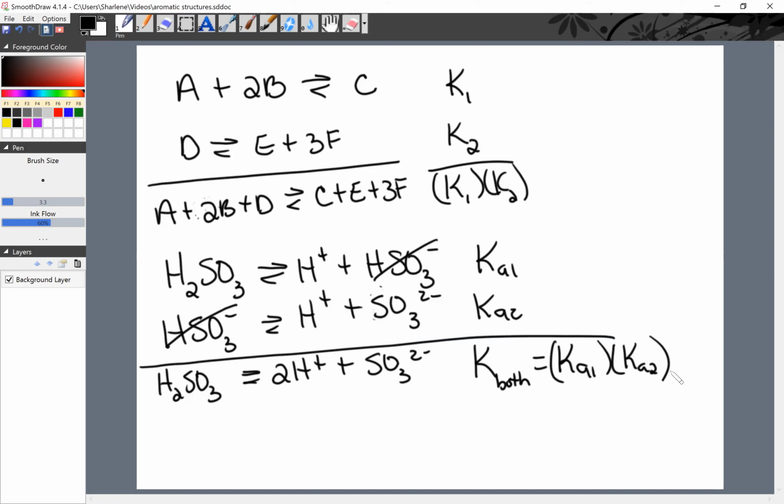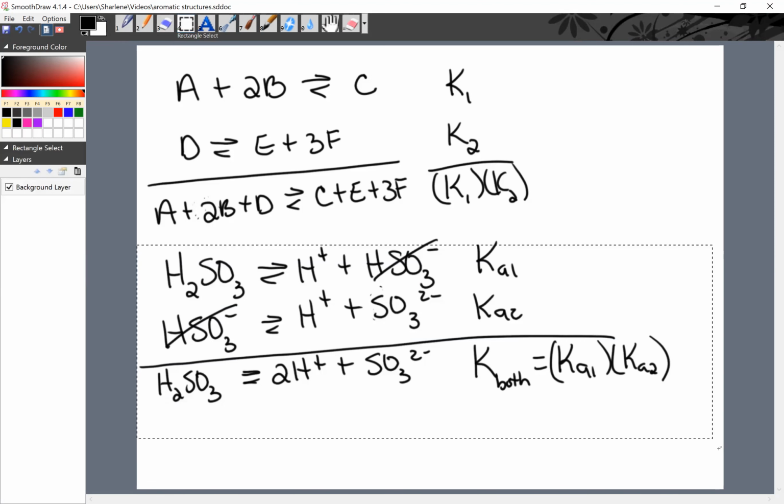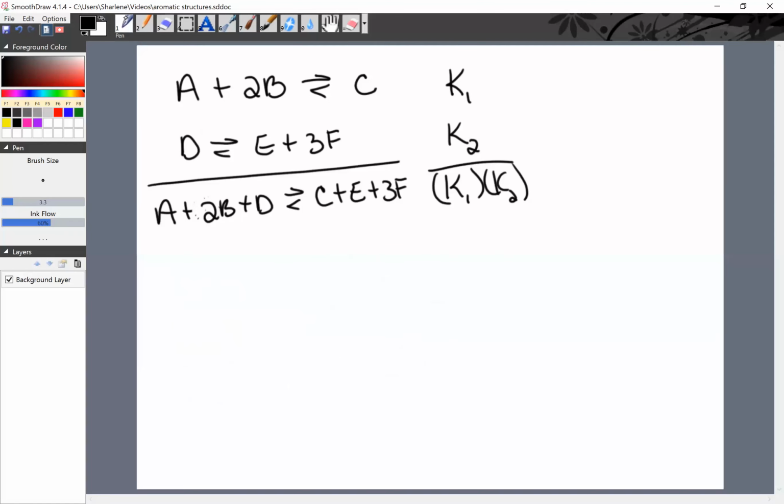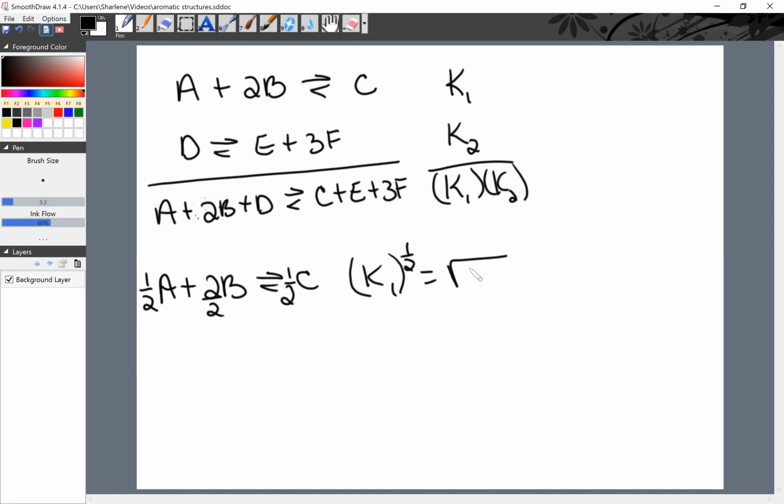If I had turned it around, okay, let's get rid of this one. All right, so we're going to use this equation again, and we are going to do A plus 2B goes to C. So that K1, what should we do to it? We're going to multiply it by a half. What you do to the equation, it's to the power. And remember, anything raised to the half power means square root.